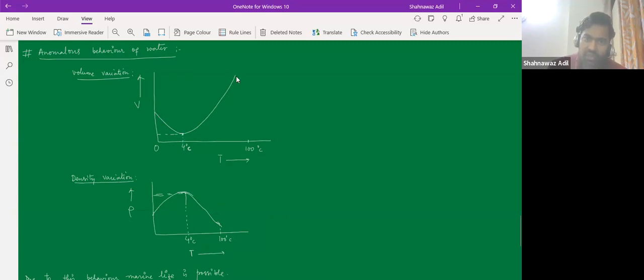And now it is showing the actual behavior. Similarly, we saw that the density should decrease. But from 0 degrees C to 4 degrees C, the density increases. So it shows quite the opposite nature of what we have done. And this nature is very crucial for aquatic life.